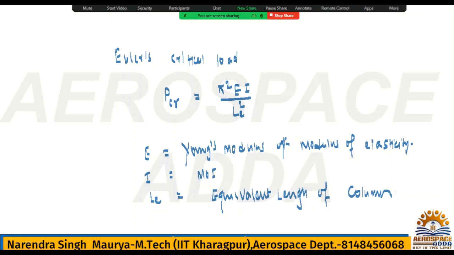Now moving towards the types of column with different end conditions. Now we'll see.